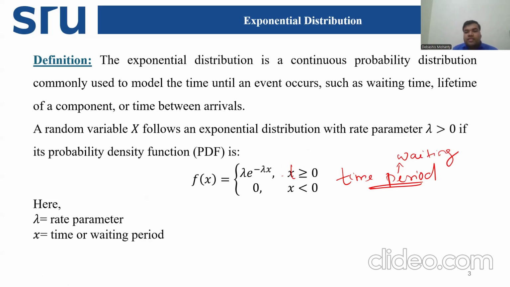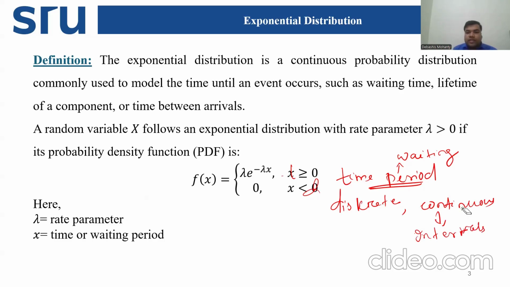And it is a continuous probability distribution. As you know, students, two types of probability distribution are there: one is discrete, another is continuous. Here it is continuous because it is applicable for intervals.